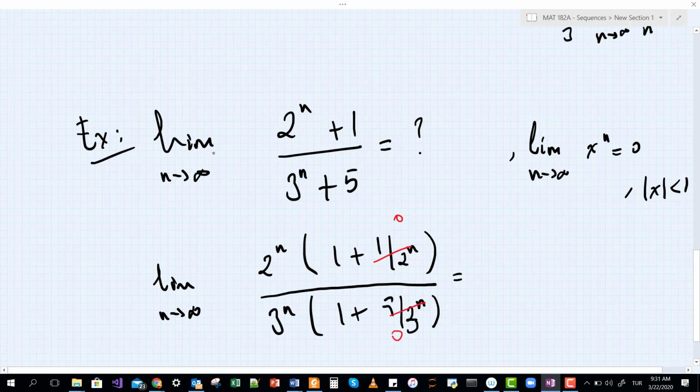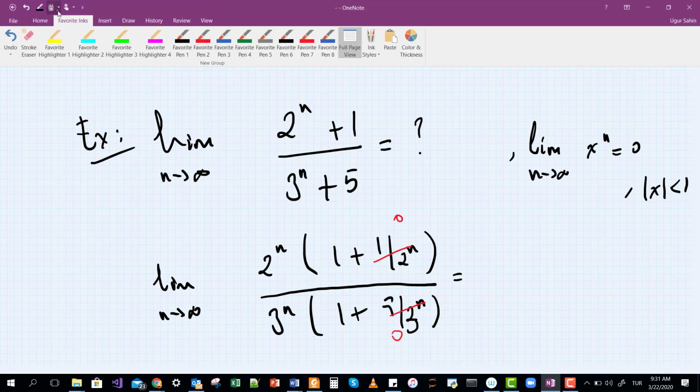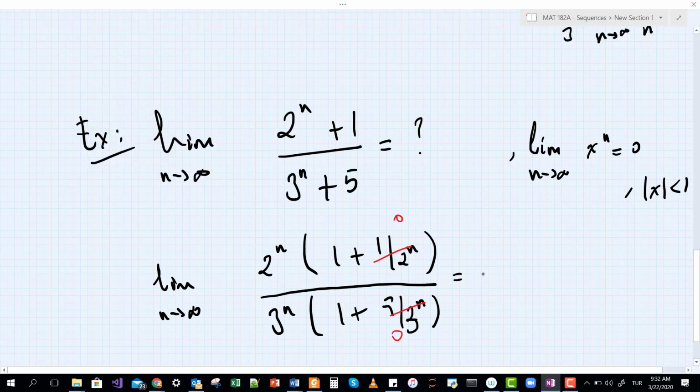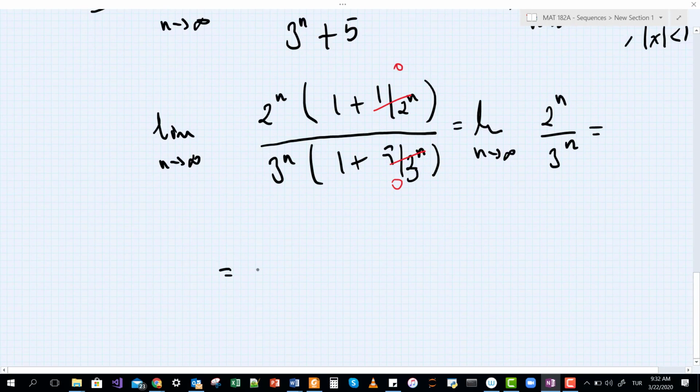These are going to be 0. If they're 0, now I can write what I have left in this way. The limit when n goes to infinity of 2 to the n times 1, I don't need to write it down, and also I have the 3 to the n. n is a common term, so I can combine those in this way, and then another x here, which is also less than 1, that's why it is going to be 0.